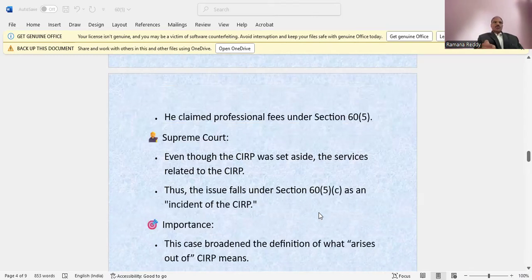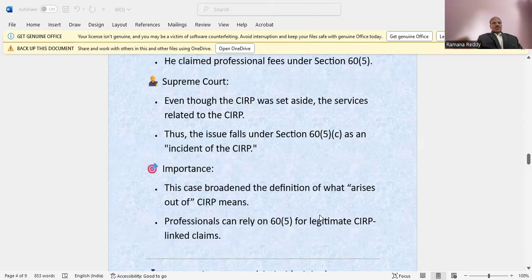Thus, the issue falls under Section 60, subsection 5C as an incident of the CIRP. So the importance here is this case broadened the definition of what arises out of CIRP means. Professionals can rely on Section 60, subsection 5 for legitimate CIRP linked claims.